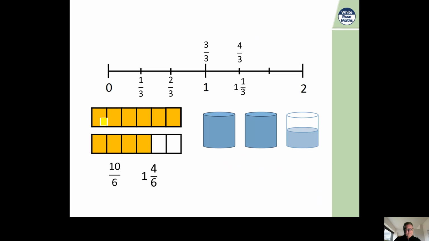So we have 6, 7, 8, 9, 10. 10 sixths. So this is called the improper fraction, that's right. And this is called the mixed number. So we've got a whole number here and a fraction here.